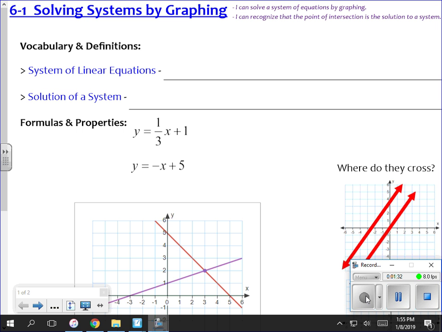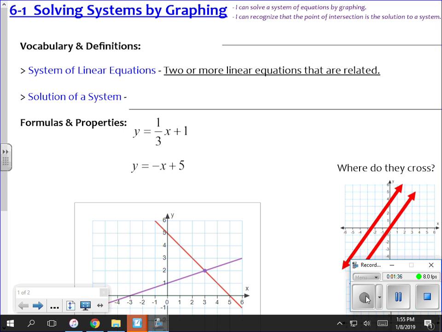trying to accomplish. Okay? Now, system of linear equations, two or more linear equations that are related to each other. Notice it says two or more. Whenever you think linear, you always think a straight line. Well, you can do it three-dimensionally. Just means you have three variables.